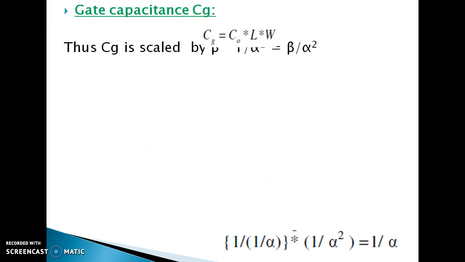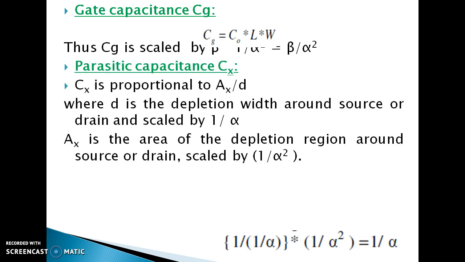We know that it is defined as Cox into length into width. L into W means 1 by alpha into 1 by alpha, and Cox is beta times. So the total CG is scaled by beta by alpha square times.